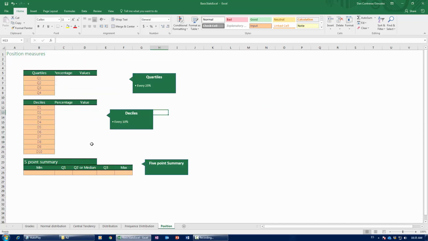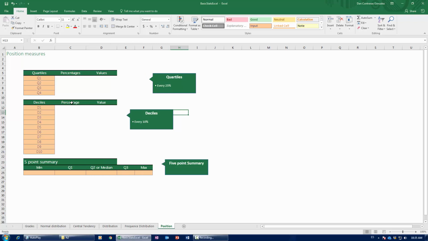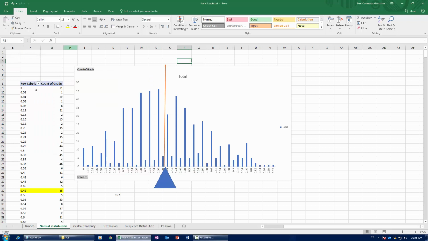Now, position. This is the last and probably the least, but we have to figure out the position measures, which means pretty much where each quartile or each decile falls when it comes to grades. Now, let's go back to this little chart right here.